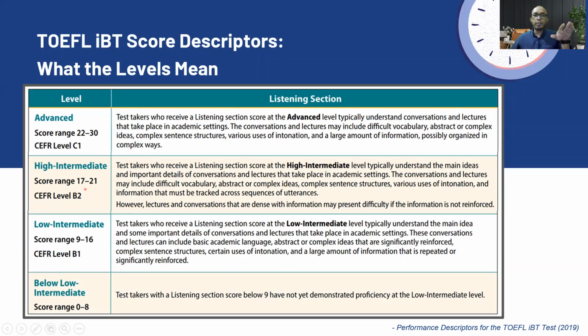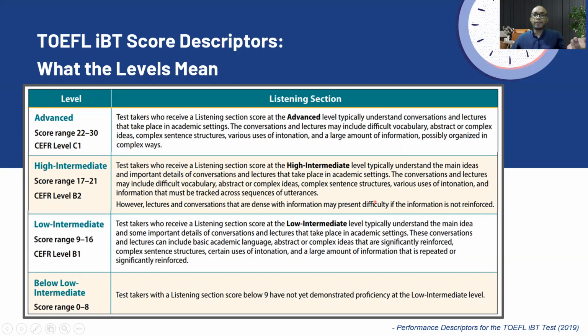Now, what makes high intermediate fall short of advanced is that test takers who fall in this level show some difficulty in understanding information in longer conversations or lectures, especially if the information is not emphasized.